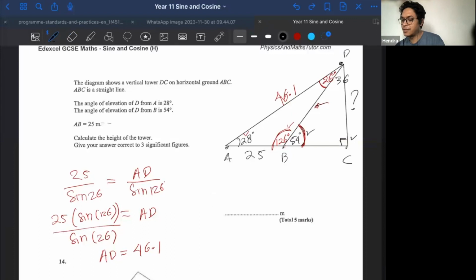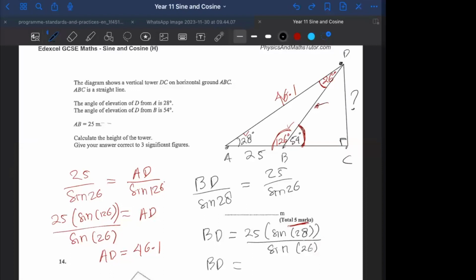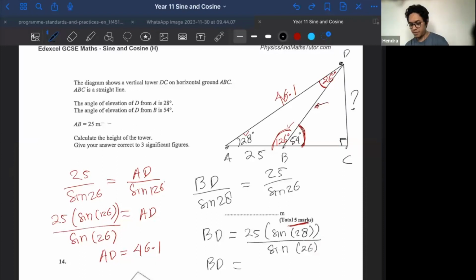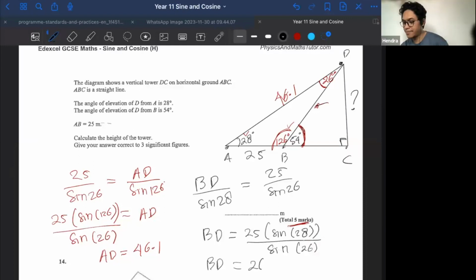Sorry. So BD is, let's go, 26.7 or 26.8. Okay, now we know BD is 26.8.